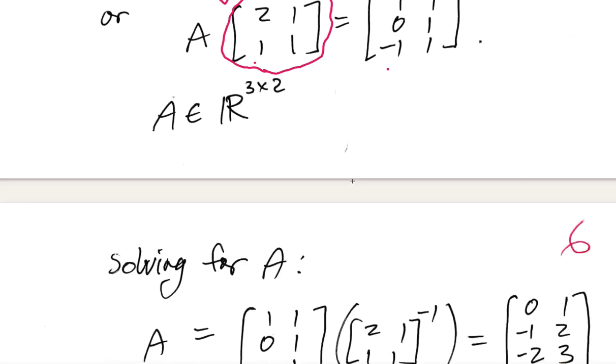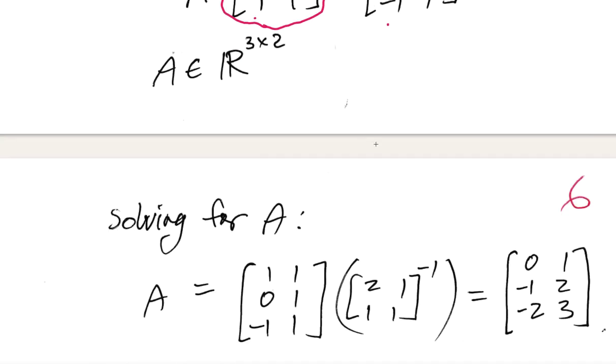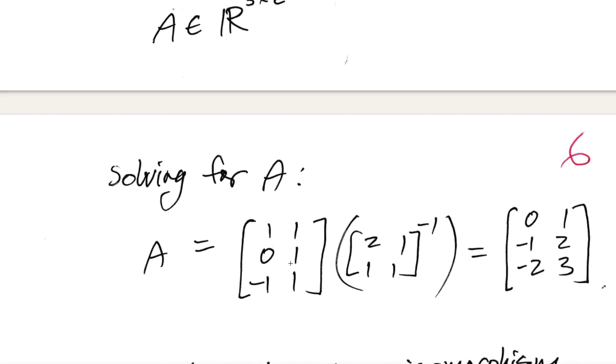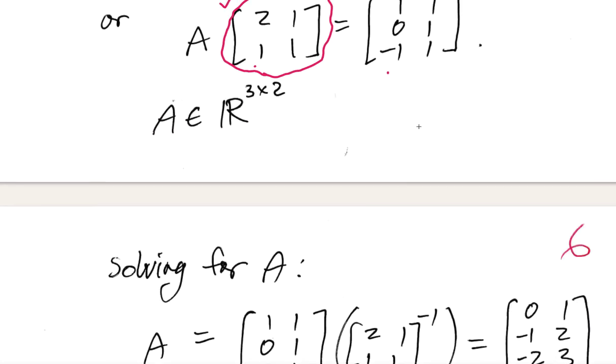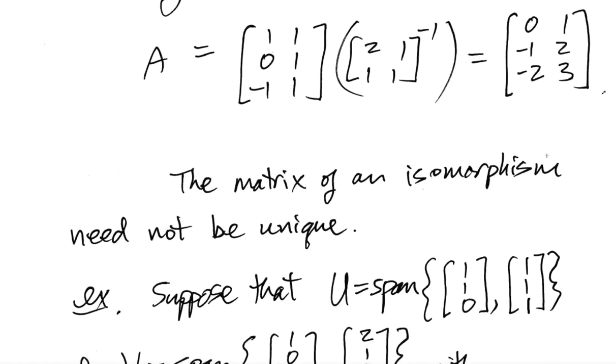That's an invertible matrix, so I could solve for A by multiplying on both sides by the inverse of that matrix, and I isolate A. A would be, reading down this time, (1, 0, -1), (1, 1, 1), times the inverse of the matrix (2, 1), (1, 1), reading down. I multiplied through and got this matrix: (2, -1, -2), (1, 2, 3). Alrighty.